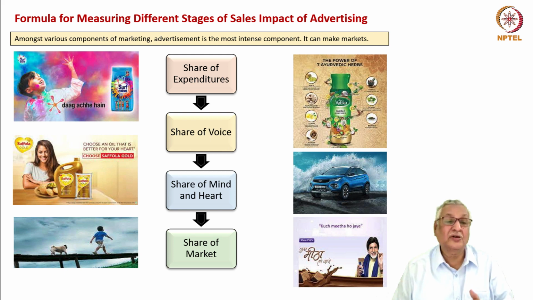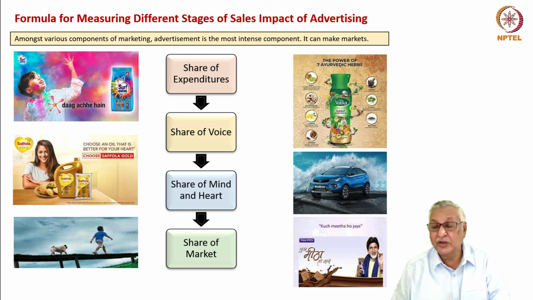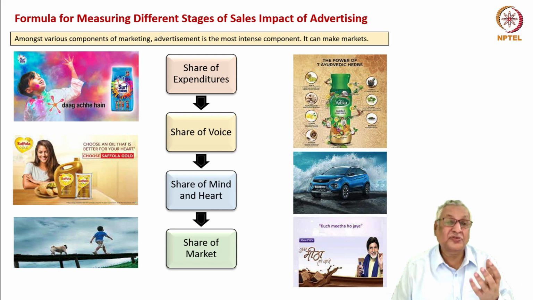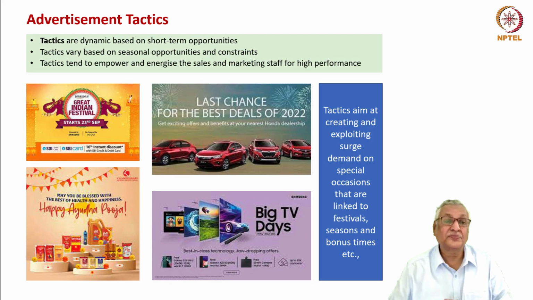Similarly, the health campaign of Savlon, which connects to the health needs of families, had a great impact. Then the Vatika Ayurvedic impact, Tata Nexon EV, the sweetness of Amitabh Bachchan's Cadbury promotion, and the Daag Achhe Hain kind of Surf Excel ads. These all have share of mind and heart as the objectives of the respective advertisements, and see that as a surrogate for share of market.